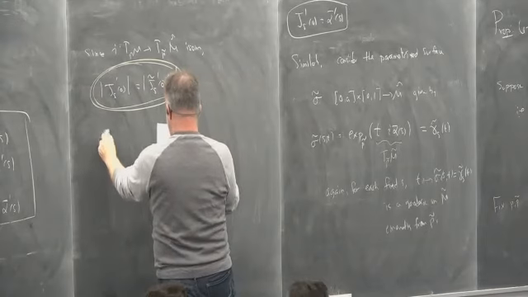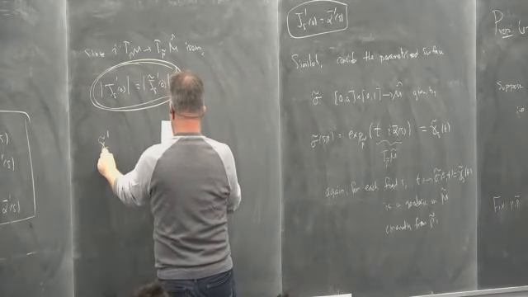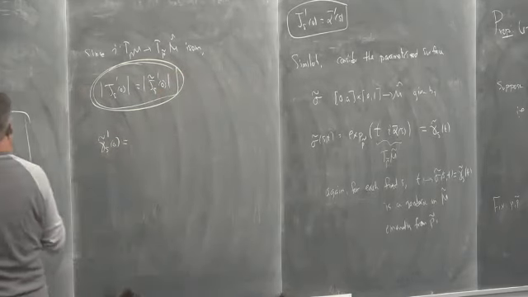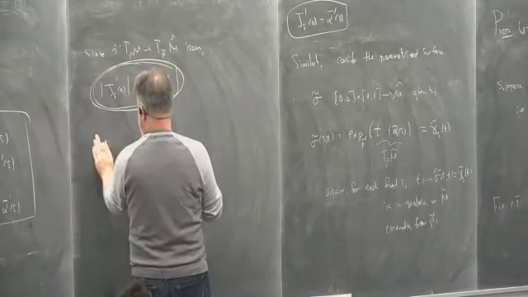Notice that gamma tilde prime S at 0 is, remember, what's the definition of gamma tilde? Let's do this slowly.